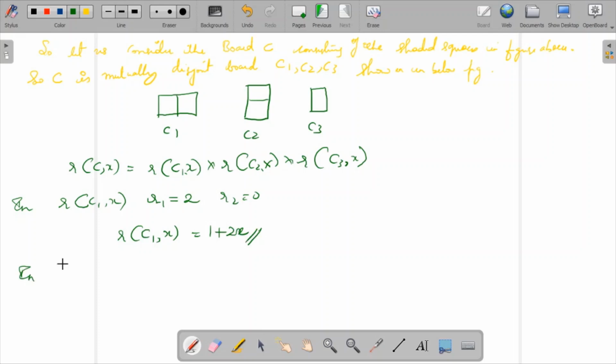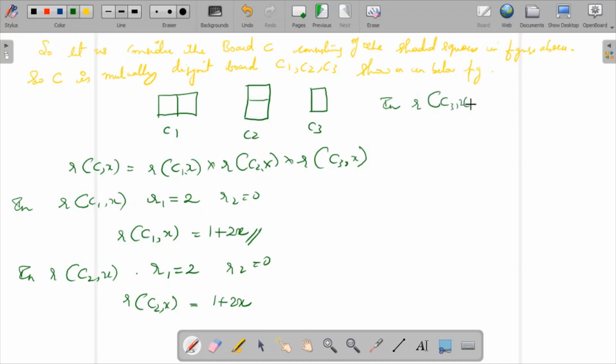In R of C2 of x, R1 will be 2 again, and R2 is 0, so R of C2 of x also will be 1 plus 2x. In R of C3 of x, R1 is equal to 1, so R of C3 of x will be 1 plus x.